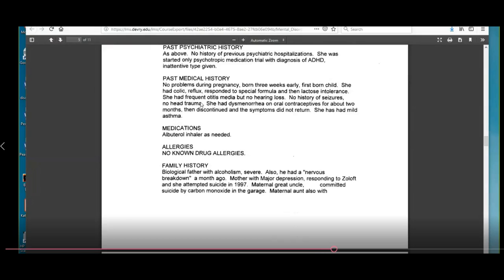She had colic reflex and had a special formula, and then lactose intolerance. She had frequent otitis media, but no hearing loss, no seizures, no head trauma. She had dysmenorrhea on oral contraceptives for about 2 months, then discontinued and symptoms did not return. She has had mild asthma, so she's on medications, the albuterol, which is for the asthma.